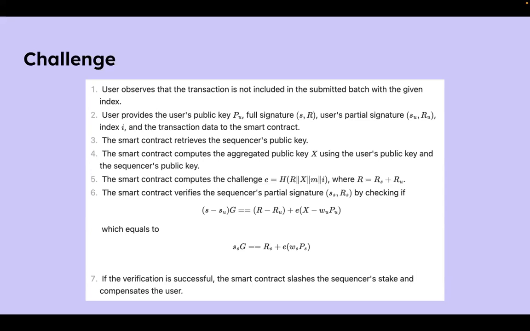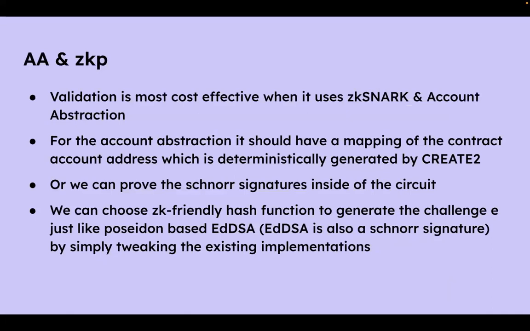Which means you need to build the Schnorr signature on top of the BN254 curve. And it's also a kind of burden for the UX, because you need to let users manage their own private key, which is in maybe the base field or the scalar field of the BN254. So yeah, it's kind of a problem. How we can resolve it is maybe using account abstraction and also using zero knowledge proofs to validate them, or maybe for the challenge system.